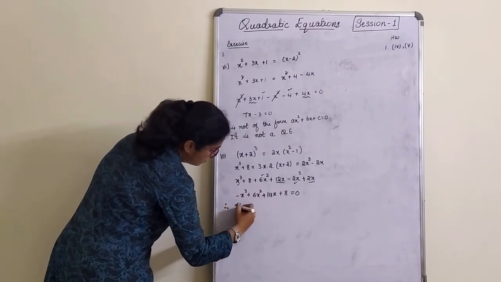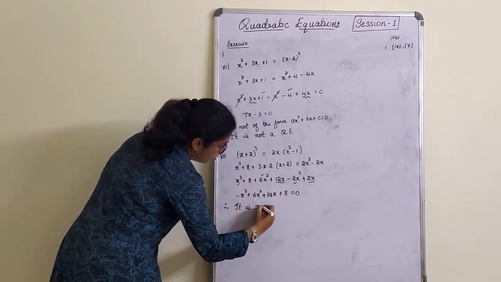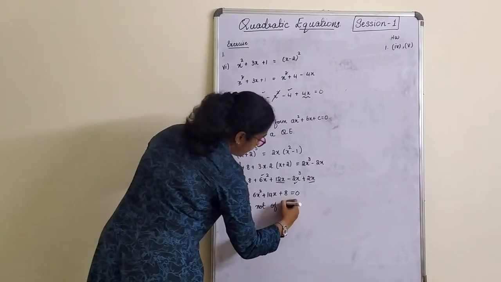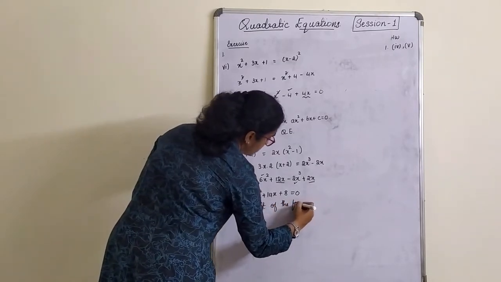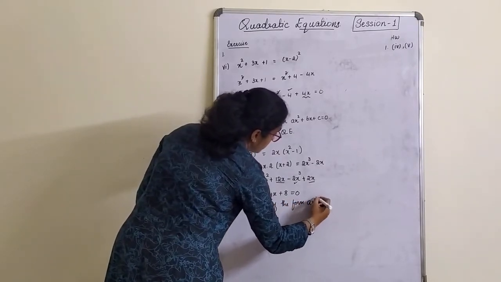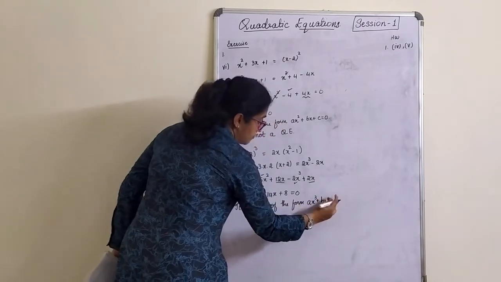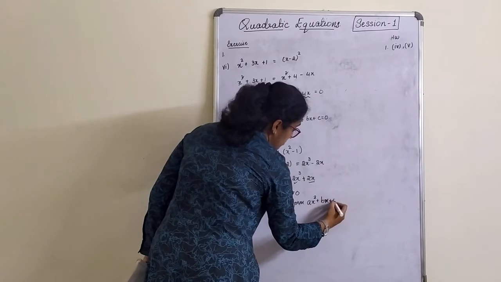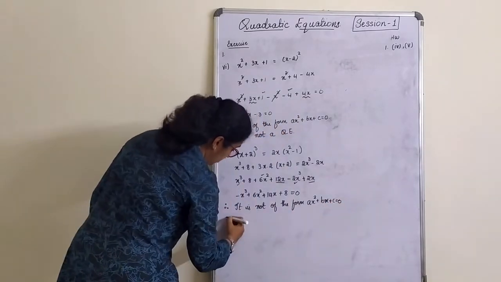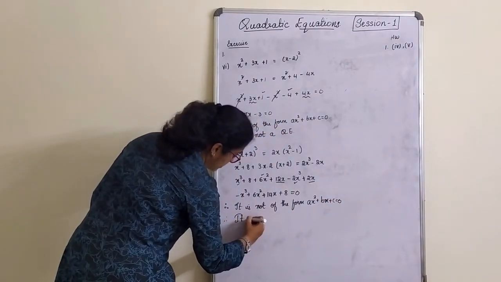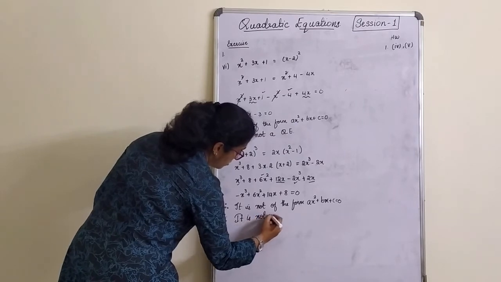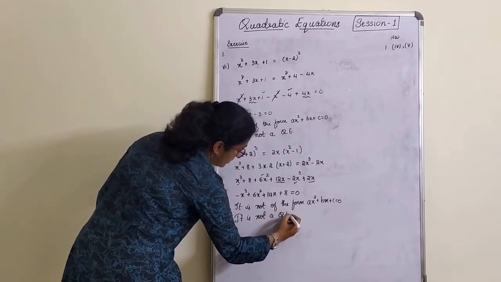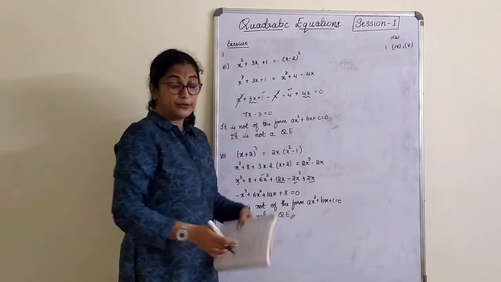It is not of the form ax square plus bx plus c is equal to 0. Therefore, it is not a quadratic equation, right?